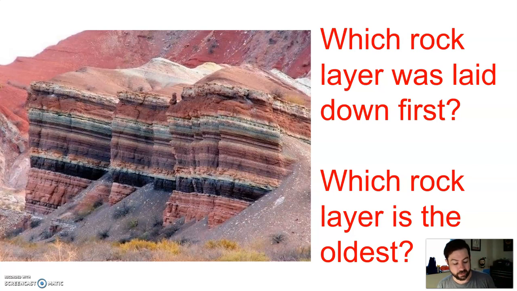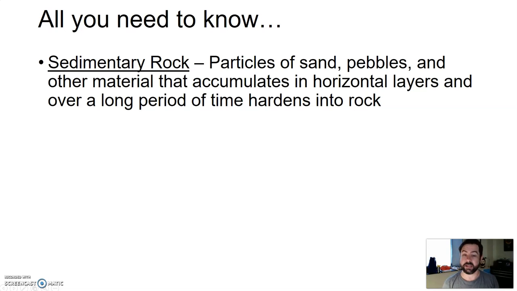That's stratigraphy. So in order to really figure out stratigraphy and relative age, you need to know a handful of things. First, sedimentary rocks. Sedimentary rocks are their own unit. We'll talk about that in like Unit 6 or something like that.